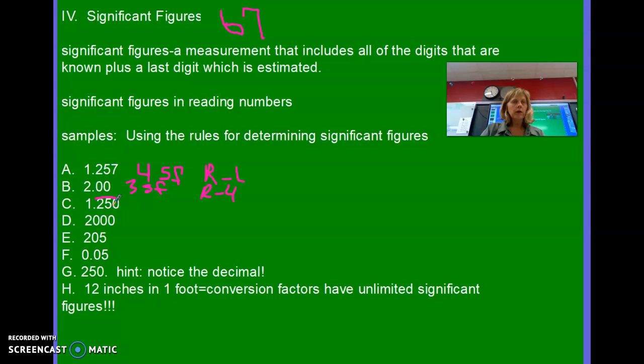So we're talking about it ends with zeros after the decimal. Remember, all non-zero digits always count as significant figures. And then we're always talking about, should we count the 0 or do we not count the 0? This is the exact same rule. So this is 4 significant figures.